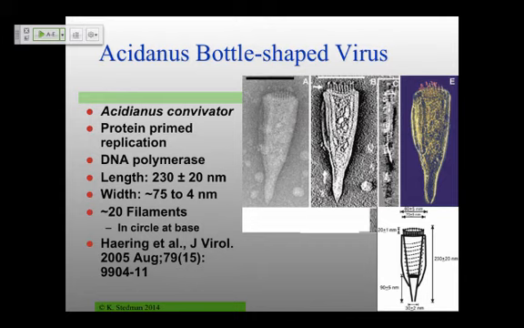They're 20, and they're always 20. How do you get 20? 20 is a really bizarre number. 20 faces makes sense if you think about an icosahedron, but how do you get 20 of these in a circle? Who knows? They have a linear double-stranded DNA genome with protein primer, so that should sound a lot like what kind of virus?